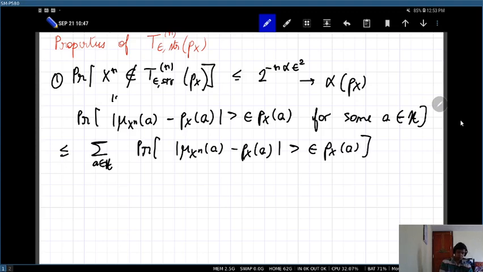But this probability can be easily bounded. After all, what is mu xn of a?